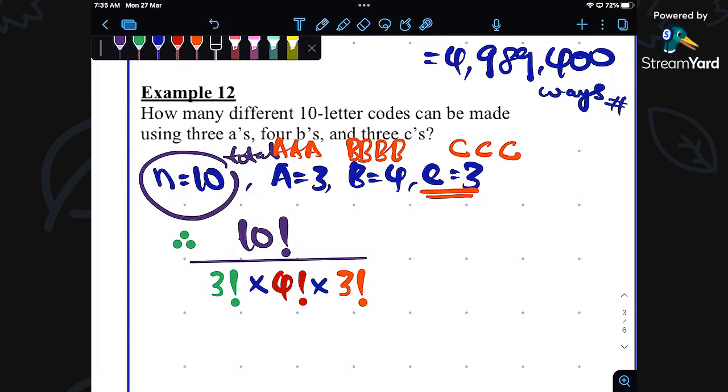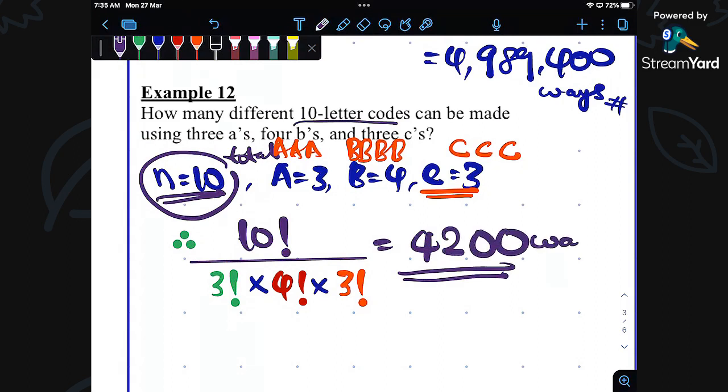When it is identical, we must divide by the number of identical items so that we get the possible ways of arranging 10 letters. So the answer is 4,200 ways of arranging the 10 letter code.